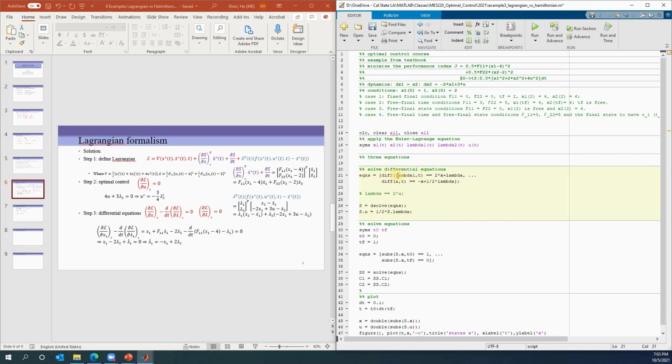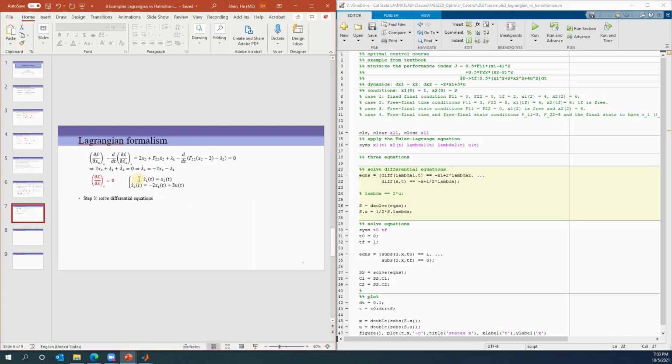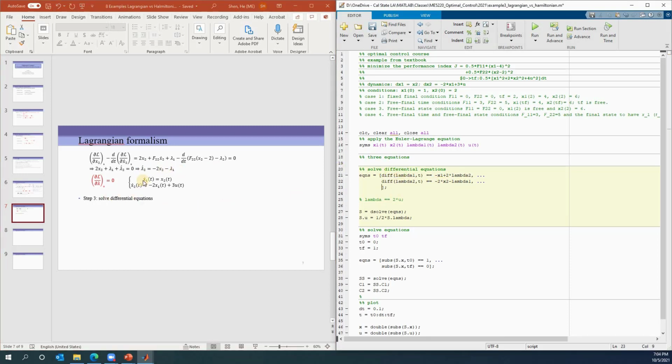Lambda 1 dot is written as a differential of lambda 1 with respect to time t, that is equal to negative x1 plus 2 lambda 2. So this is the first differential equation. The second differential equation is here. Lambda 2 dot is equal to negative 2x2 minus lambda 1. The third differential equation is x1 dot is equal to x2. So we write it as diff x1 dot is equal to x2.